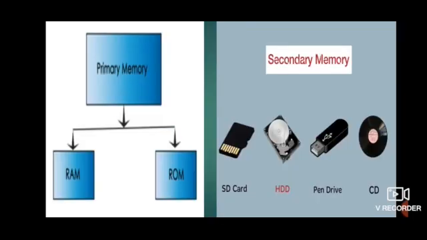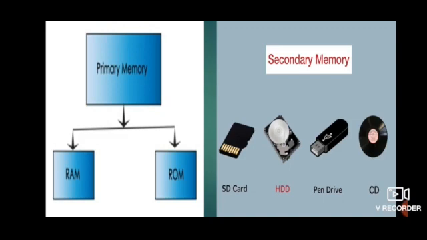Further, primary memory is of two types, RAM and ROM. A few examples given in your books for secondary memories are hard disk, which is also called HDD, hard disk drive, pen drive, CD-ROM, DVD, etc.